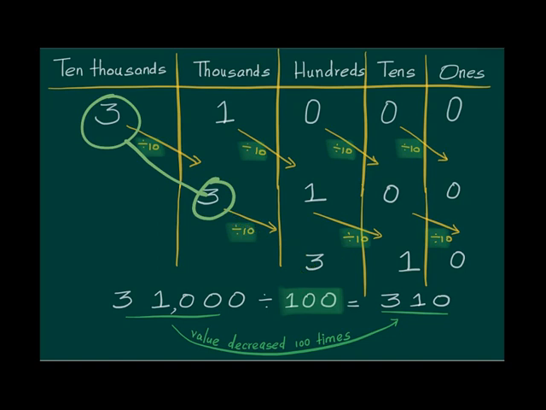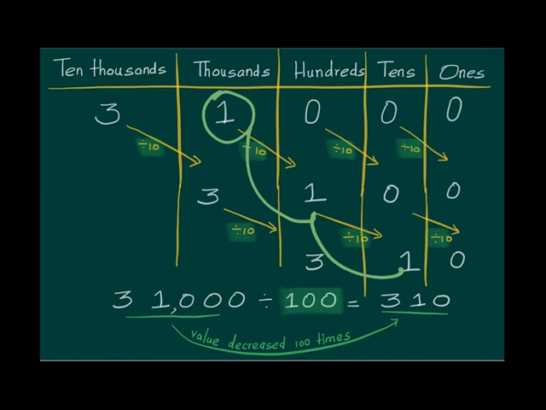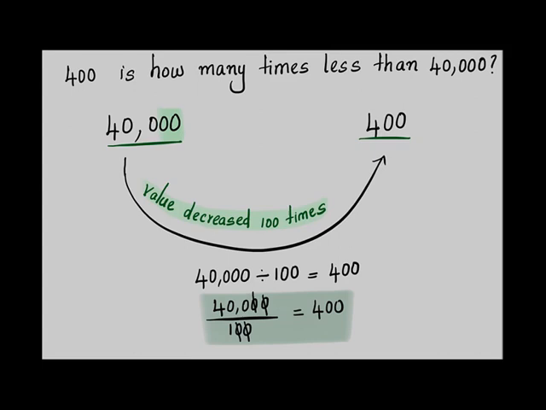So every digit moves 2 columns to the right. So this 1 in the thousands place moves to the hundreds place and again to the ones place. The value of 31,000 when divided by 100 decreases 100 times and becomes 310.